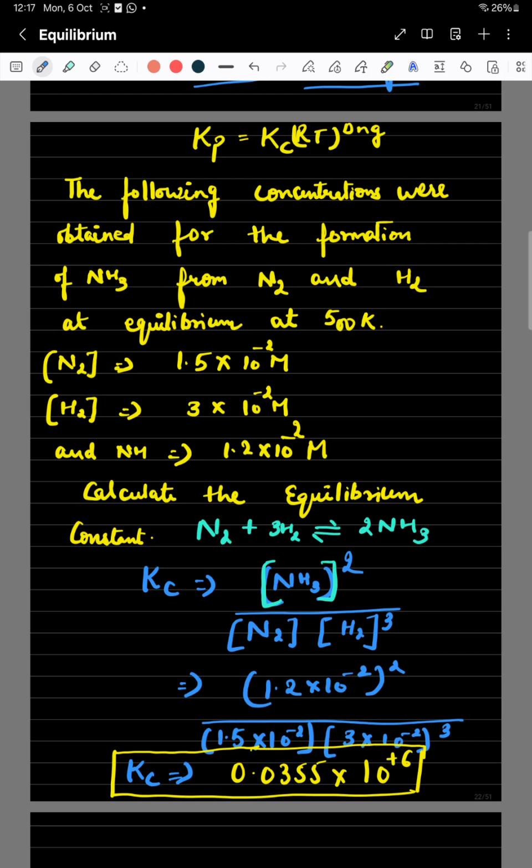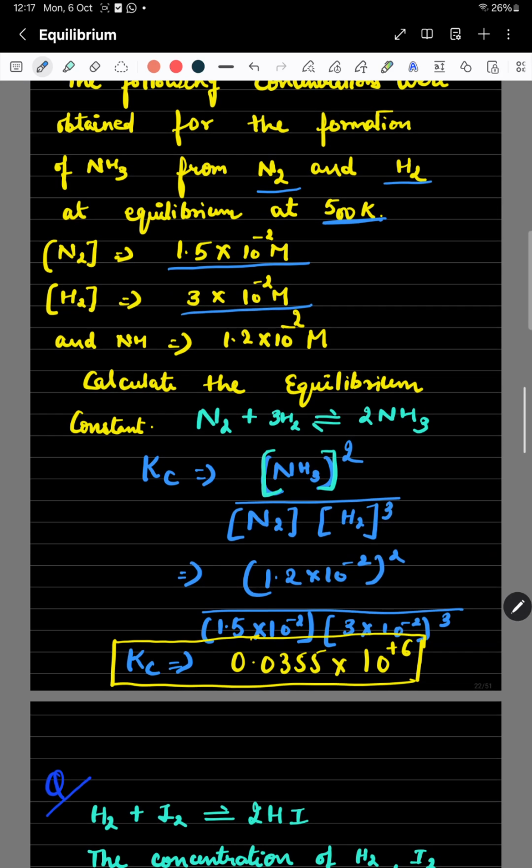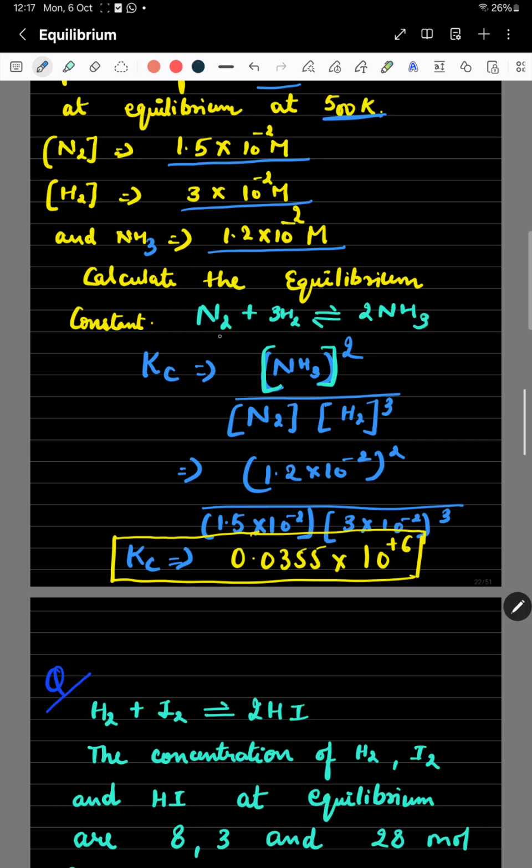The following concentrations are obtained for the formation of ammonia from nitrogen and hydrogen at equilibrium at 500 Kelvin. Nitrogen concentration 1.5 into 10 raised to power minus 2 M, hydrogen concentration 3 into 10 raised to power minus 2 M, and ammonia concentration 1.2 into 10 raised to power minus 2 M. Now the reaction is taking place: nitrogen plus hydrogen forming ammonia, a reversible reaction.